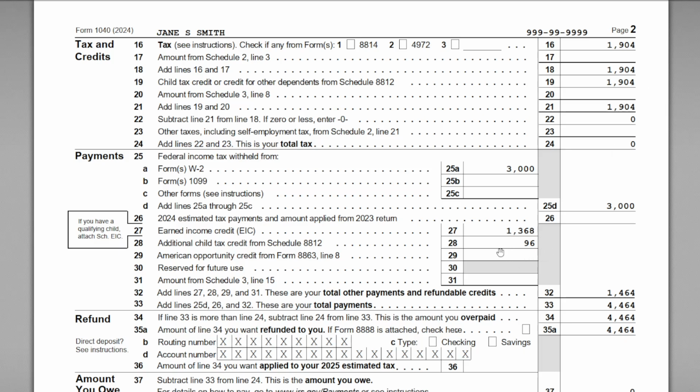And then the extra amount, $96, was reported as the ACTC. But if you add those two together, you get the $2,000. So it can be a bit of a cumbersome calculation depending on your tax profile. But you can see here that Jane was able to claim the full amount. It was just reported in different areas and claimed under different rules.